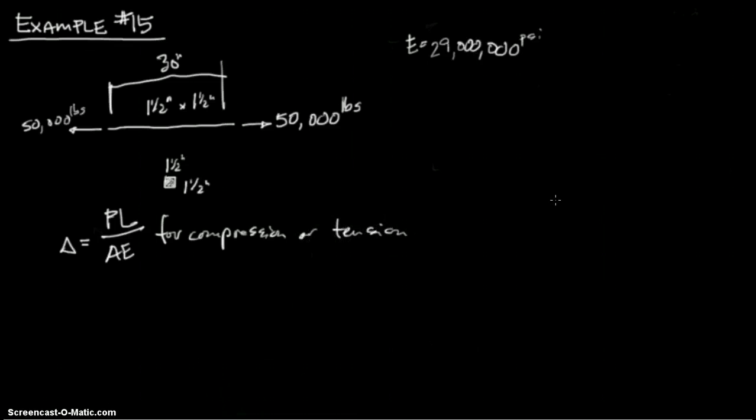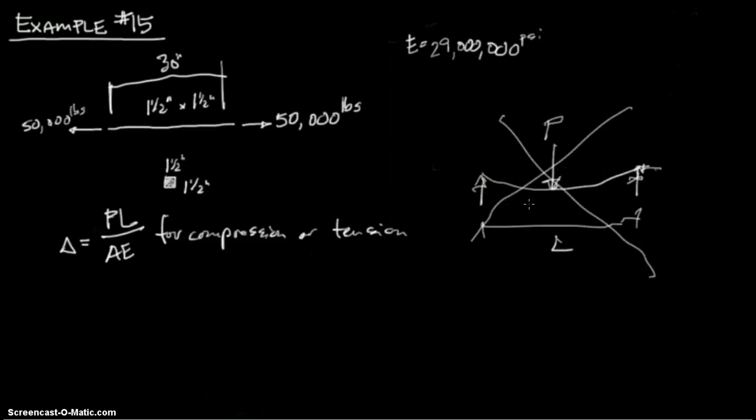So this will not work if you have a beam like this, let's say a simple beam with a P, and this is your L, and your A is going to be your area of cross section, and your E is going to be 29,000 for steel, and always be the same for steel. This won't work.